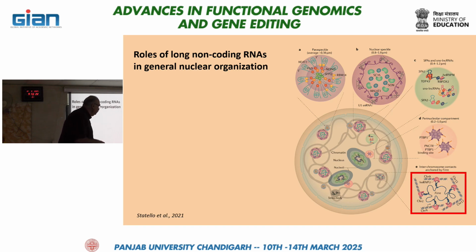It's important to get interaction between different chromosomes. So it means that this long non-coding RNA is required to organize actually chromatin structure inside the nucleus. This is really important because chromatin cannot be mixed together, chromosome 1, chromosome 5, kind of one big mixture.